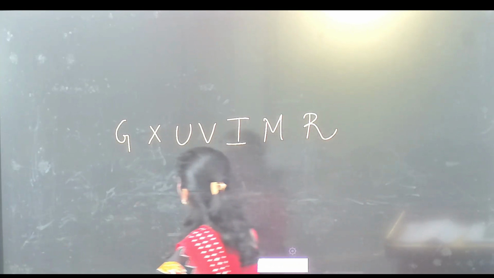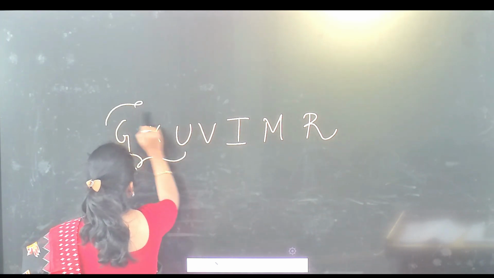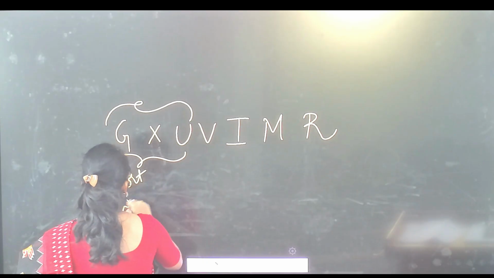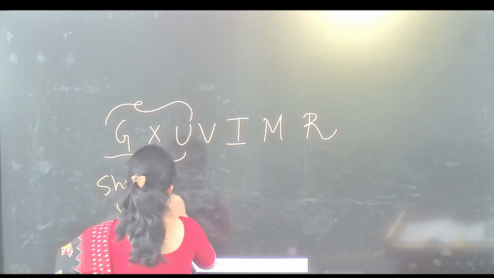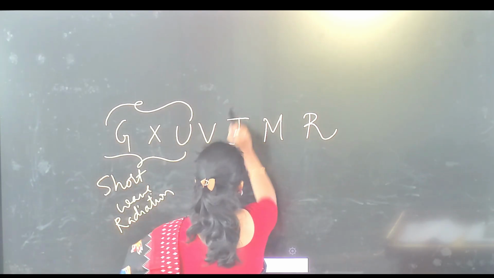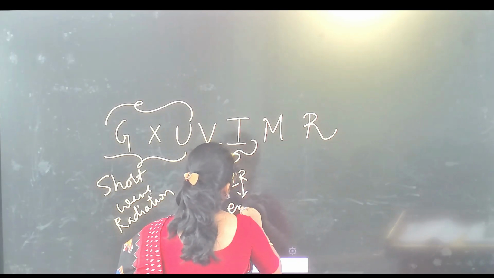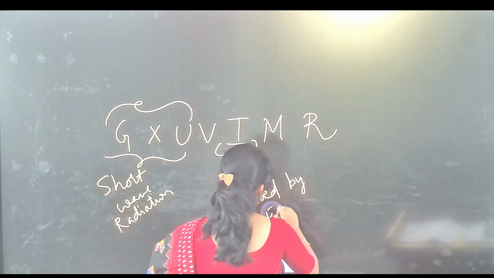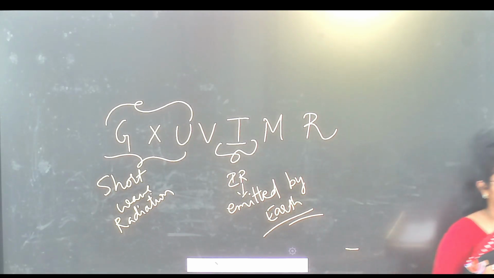Electromagnetic radiation, these are the high frequency and high energy radiations. Short wave, and this IR radiation is emitted by Earth.